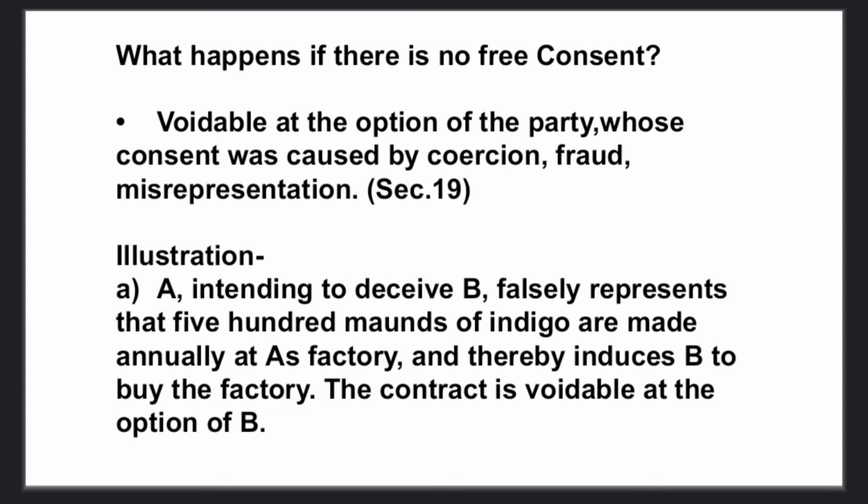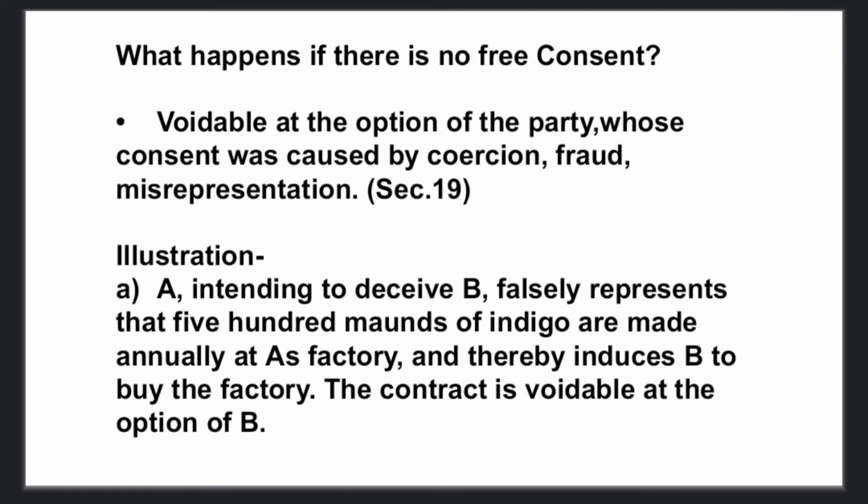Section 19 says that if the consent of a party was caused by coercion, fraud or misrepresentation, in this case the contract will be voidable. Voidable by whom? By the party from whom the consent was taken, by applying coercion, fraud or misrepresentation.